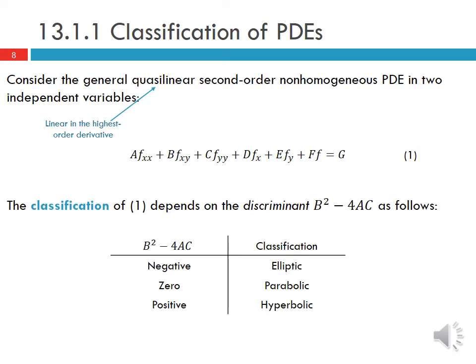The classification of this general PDE depends on the discriminant, which is b squared minus 4ac, where you can see the a, b, and c are the coefficients of these particular derivatives. If b squared minus 4ac is negative, then the PDE is elliptic. If b squared minus 4ac is equal to 0, then it's parabolic. And if b squared minus 4ac is positive, then it is hyperbolic.